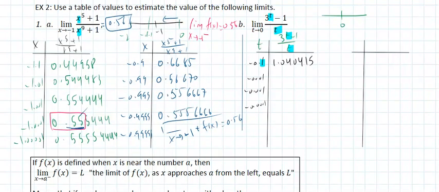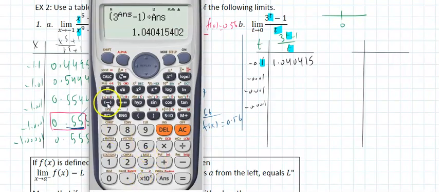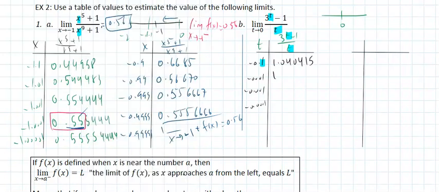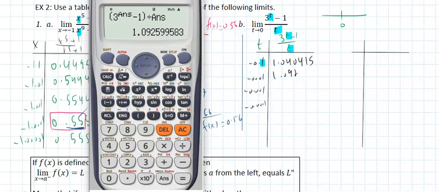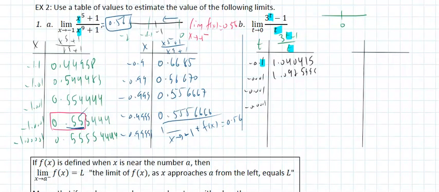Okay, how about if I go a bit closer? How about if I take negative 0.001? Okay, what would happen then? 1.092, 59958.